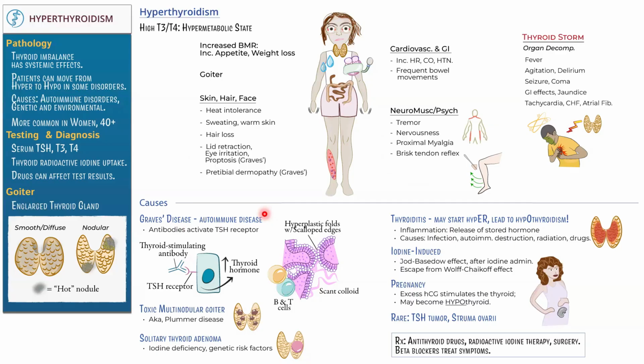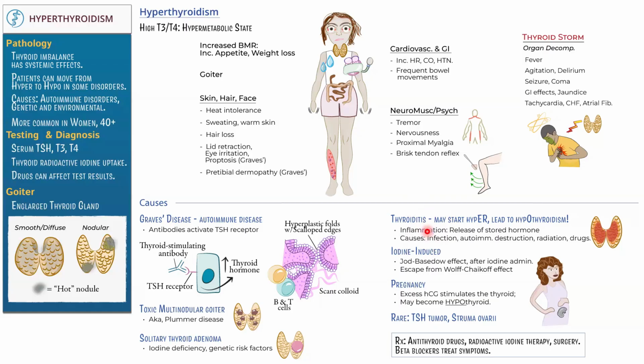the thyroid hormones. The other one is that you can have toxic multinodular goiter. You can have tumors of the thyroid gland, solitary thyroid adenomas. Those are benign tumors. Then you'll have thyroiditis.